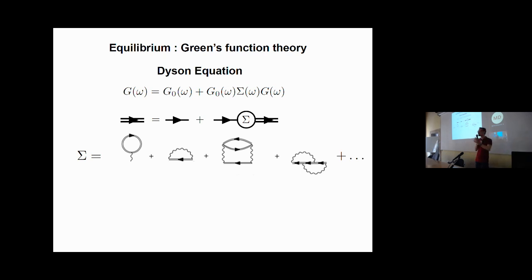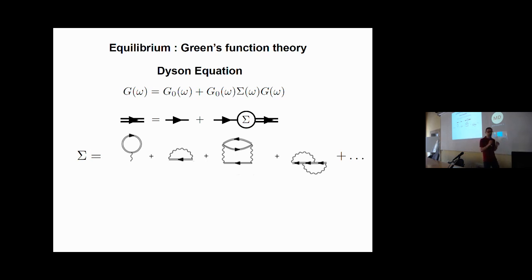Now, obviously, depending on how many terms you include in the self-energy or which terms you select, the approximation that you do for the self-energy, because in general it's not possible to sum the whole series, can be more or less accurate.